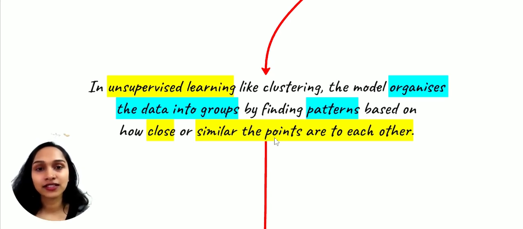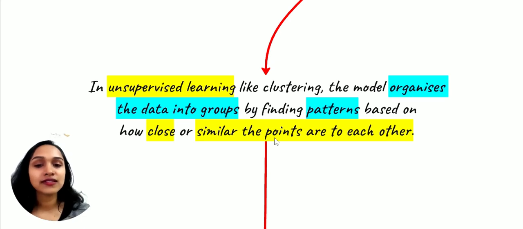The model clustered the customers based on how frequently they visited the shopping mall and how much they spent each time they visited. So based on this similarity, or how close the points are to each other, these patterns are learned by the unsupervised machine learning model automatically. And based on these patterns, it clusters the data into groups or clusters.